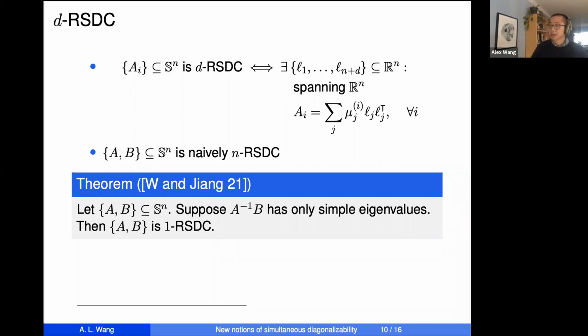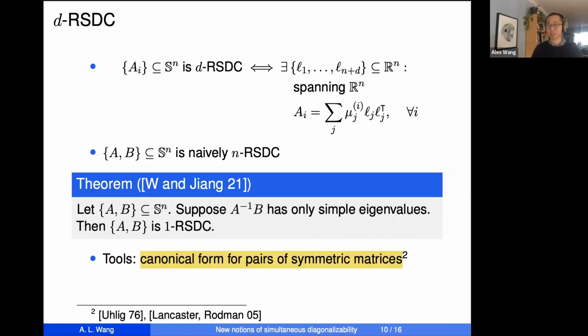Ideally, I would love to be able to tell you about the entire proof, but I will only be able to tell you bits and pieces of it today. But perhaps the first step, and maybe a cool tool that hopefully one of you will eventually be able to use, is this canonical form for pairs of symmetric matrices.